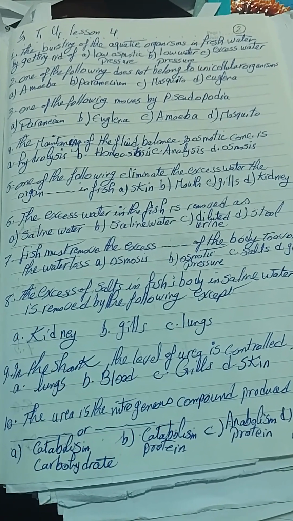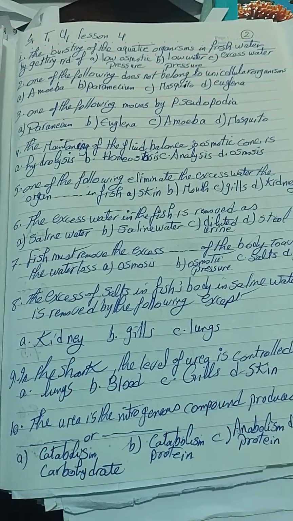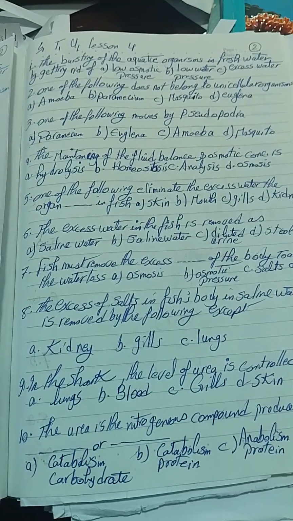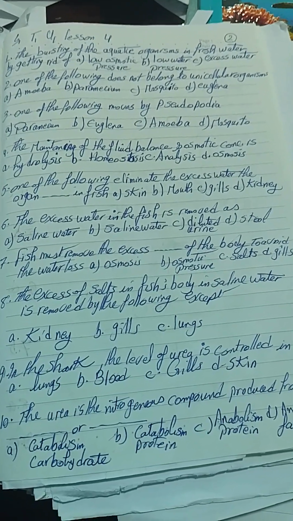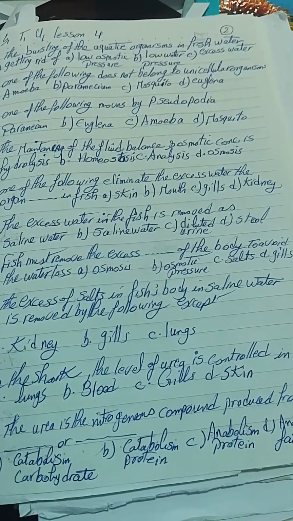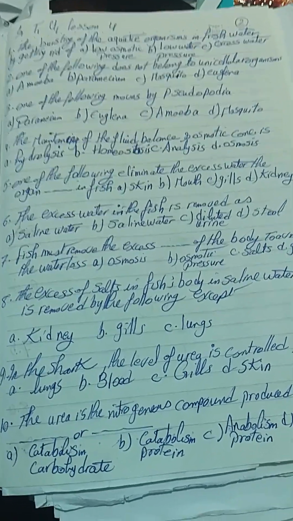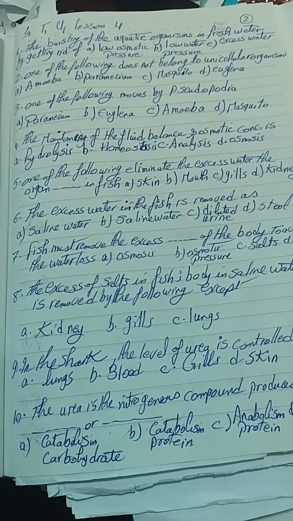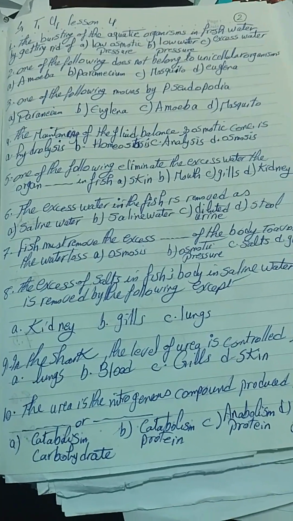Excess of urea. Okay? Number 8. Excess salt in the fish body in saline water is removed by the following, except: kidney, gills, lungs only.